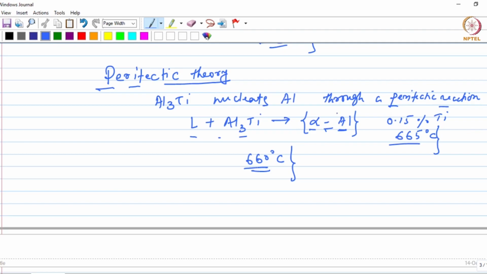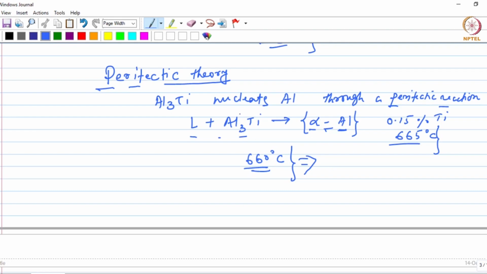But what I am saying here, the peritectic reaction occurs above that. It occurs at 665 degrees Celsius. That means this alpha aluminium which forms due to this peritectic reaction is actually stable in the liquid aluminium, right? And that is why it will be able to act as the nucleating surface for this pure aluminium, which will form at 660 degrees Celsius, right?